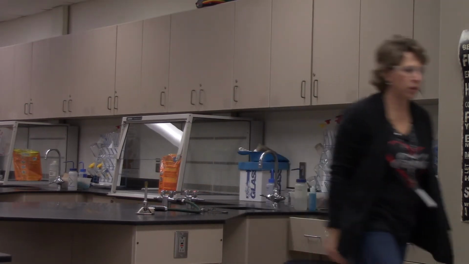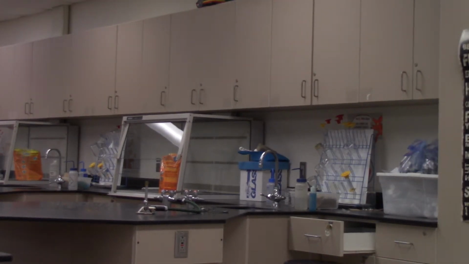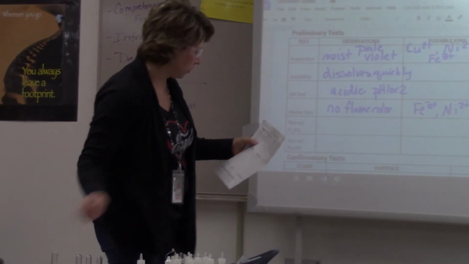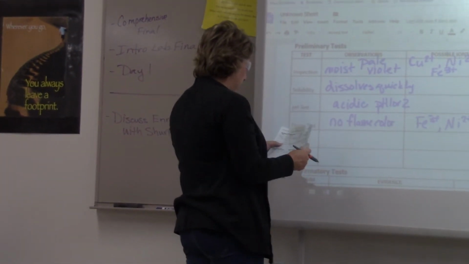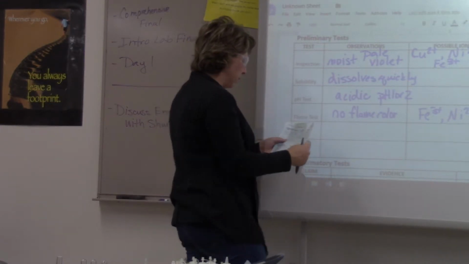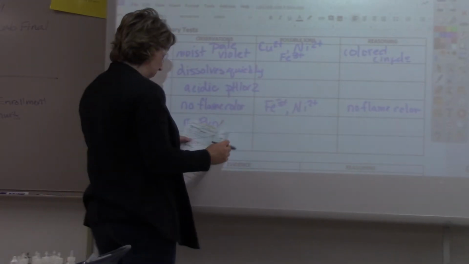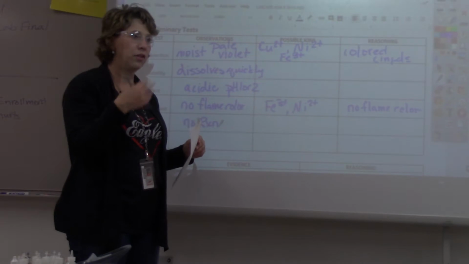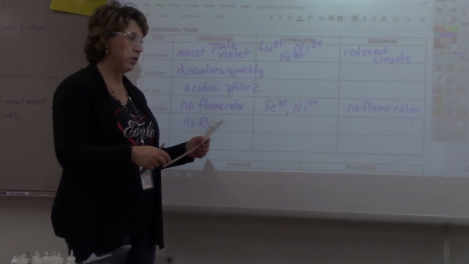Turn that off. All right, and so now we have performed our dilute sulfuric acid test, and we are going to write up here that we have a reaction with H2SO4, and you might make sure you put 6 molar somewhere in that box. And for this case, we had no reaction. And so as we look through our packet, there are a couple of different ions that also have no reaction with sulfuric acid.